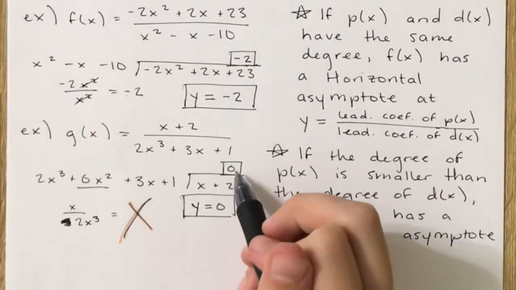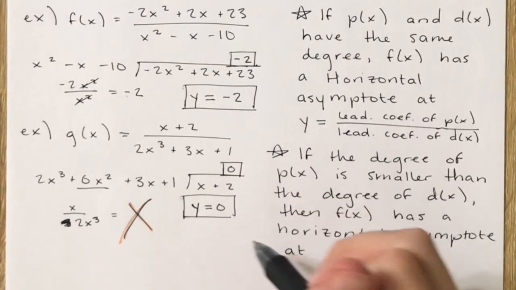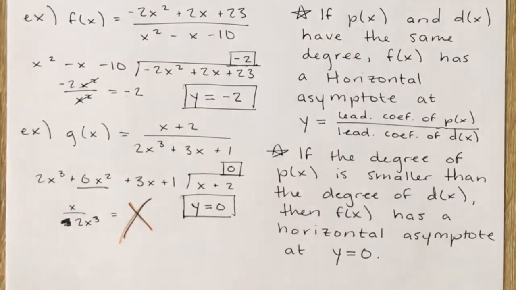Both cases gave us 0 for the quotient, so our end behavior approaches 0.